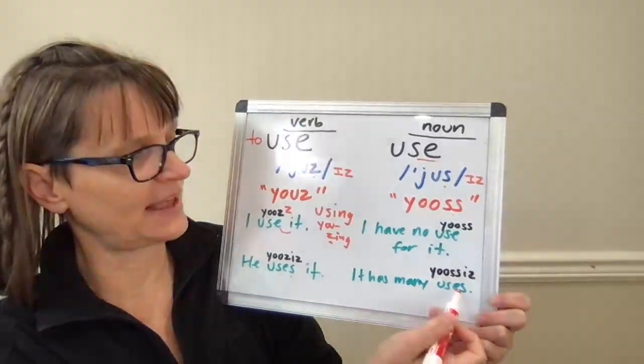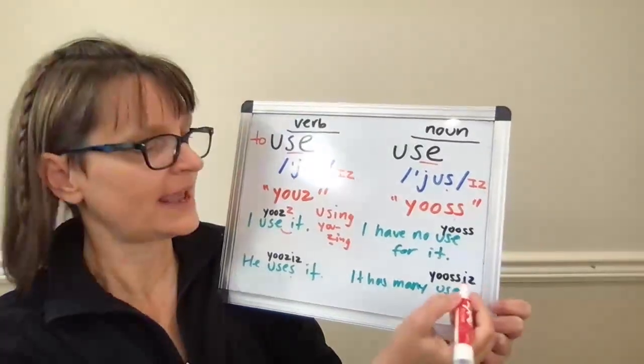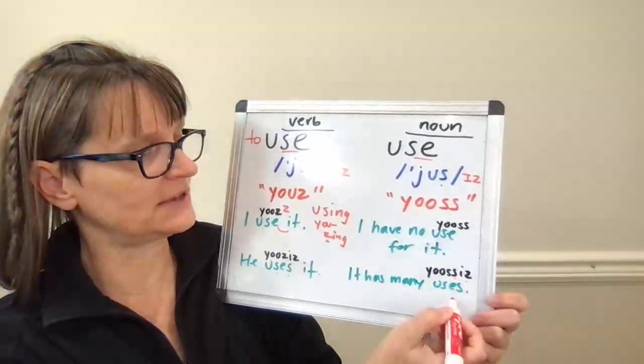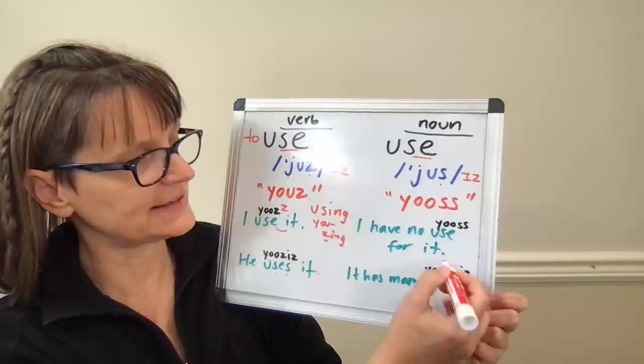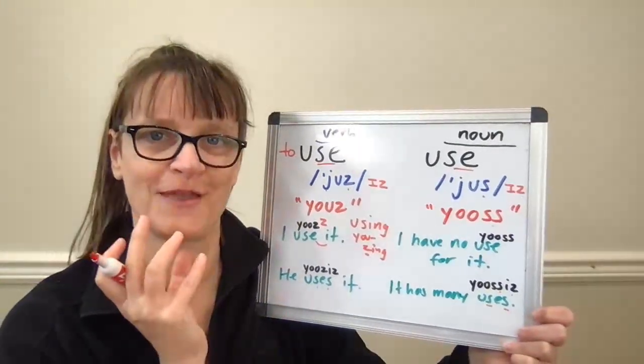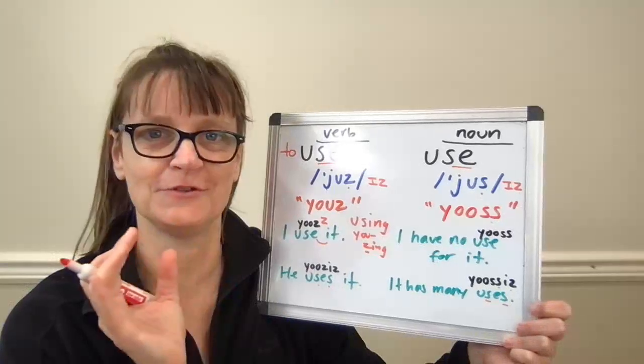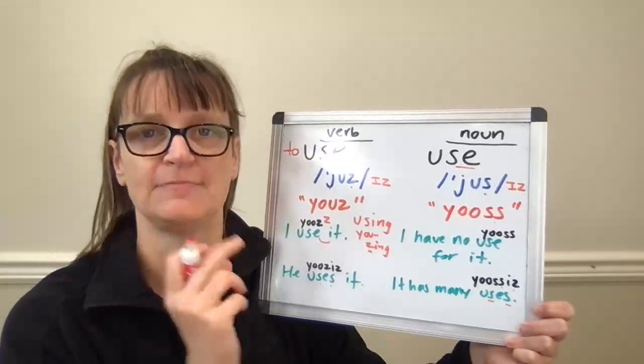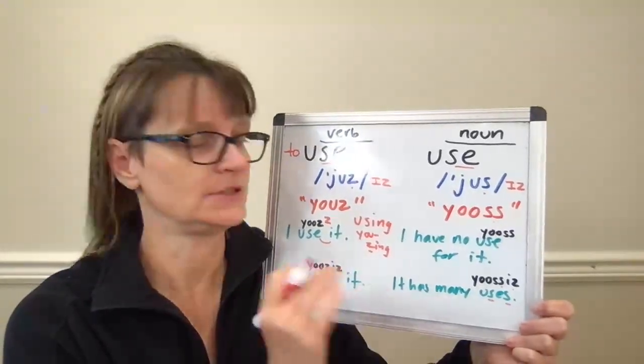So for example, it has many uses, and this might be challenging for some people because you have to say an S sound and a Z sound. And your mouth may want to do two of the same. It may want to do uses or uses. It might not like doing uses.